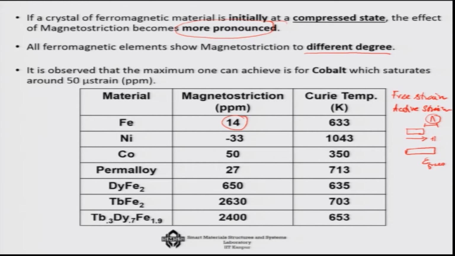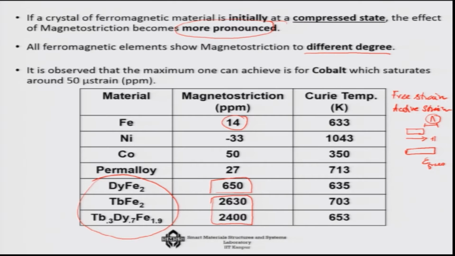Towards the end of the last century, or even today, what is happening is that new materials people are actually designing, and in these materials the effect of magnetostriction is actually much higher. Sometimes it is even 100 times more than what we used to see in the age old magnetostrictive materials.